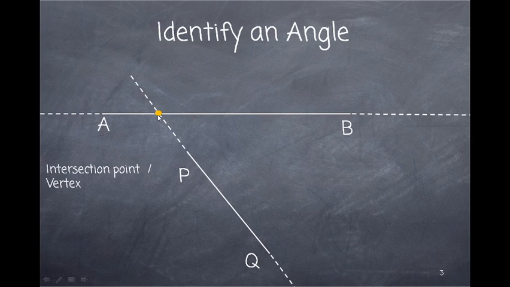So this point is called the intersection point or the meeting point of these two lines, and also it is formally known as the vertex. This is the vertex of PQ and AB lines. Okay.